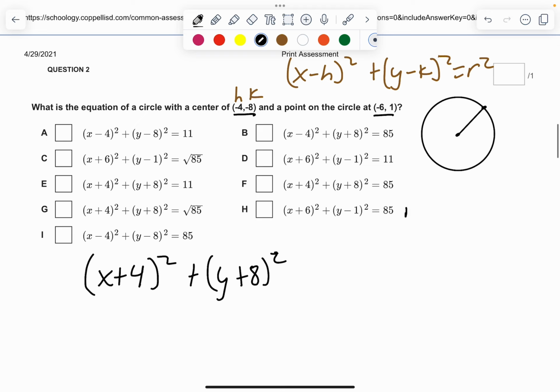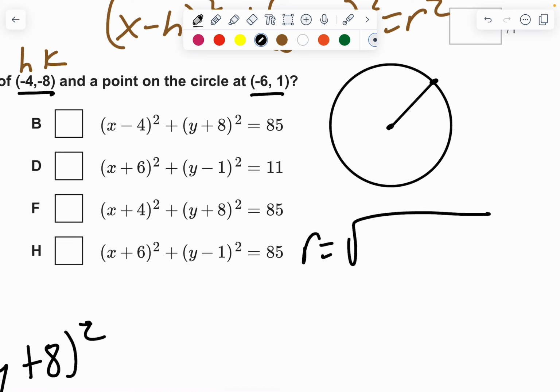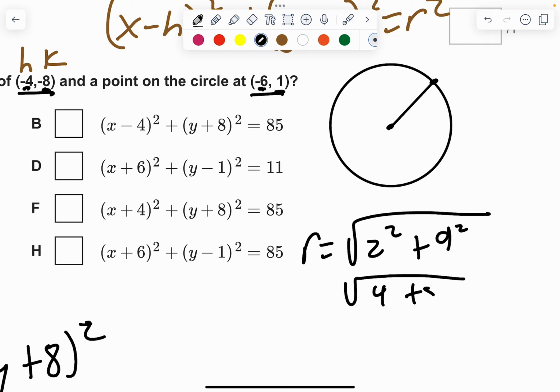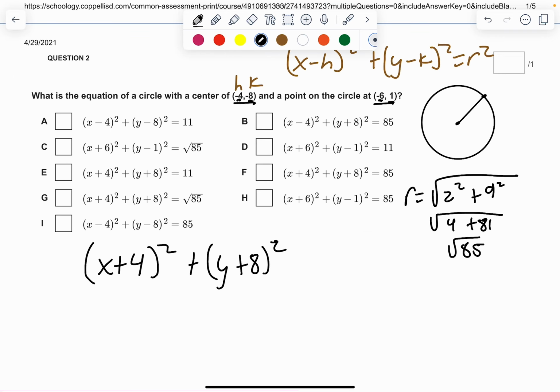So the radius is going to equal the square root of, it's the Pythagorean theorem, it's distance. Looking at the x's, negative 4 to negative 6 is 2. Looking at the y's, negative 8 to 1 is 9. So that will be 4 plus 81, the square root of 85.